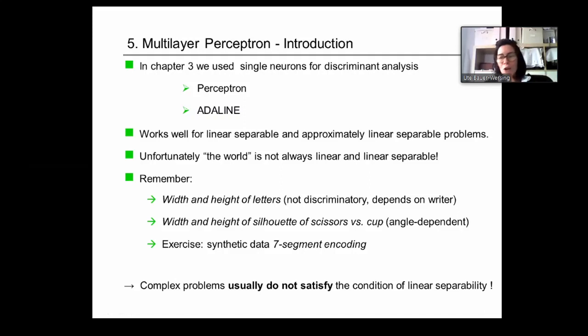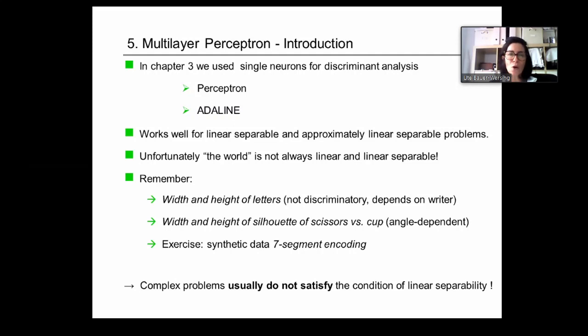So in chapter 3, we started to look at learning and so-called discriminating between classes. And the first thing we did was we introduced the perceptron with the perceptron learning rule. And the second model we focused on was the ADALINE, the adaptive linear element.